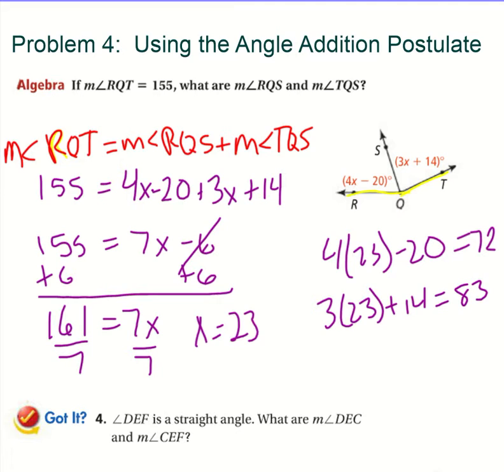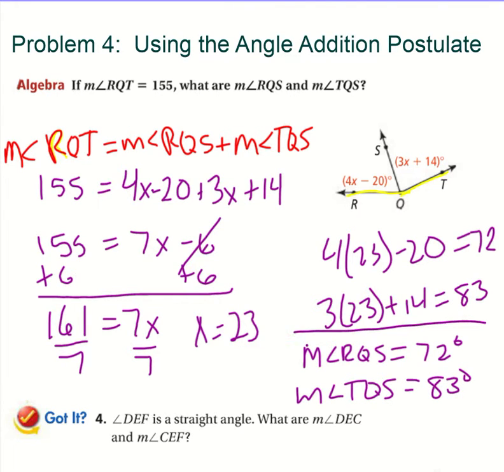If we add 83 and 72, we get 155. So we did this correctly. So the measure of angle RQS is 72 degrees, and the measure of angle TQS is 83 degrees.